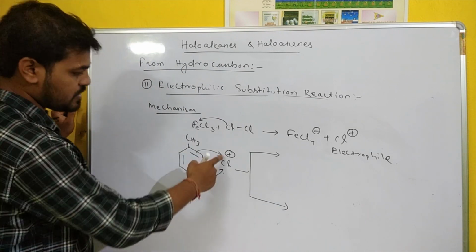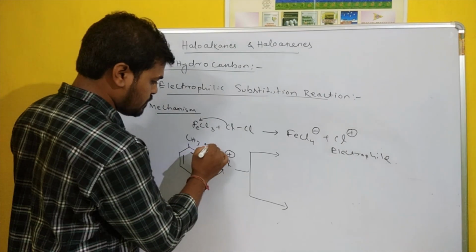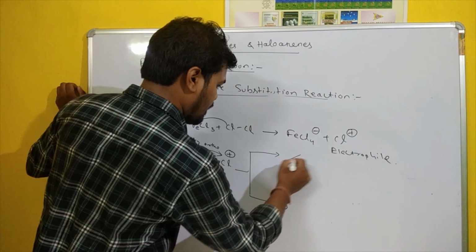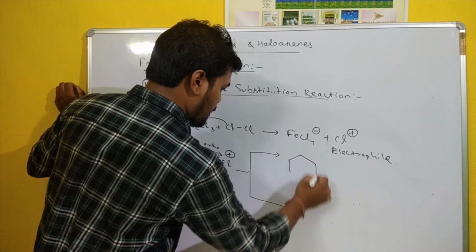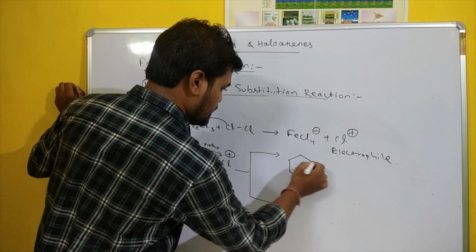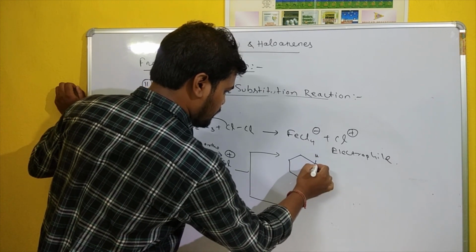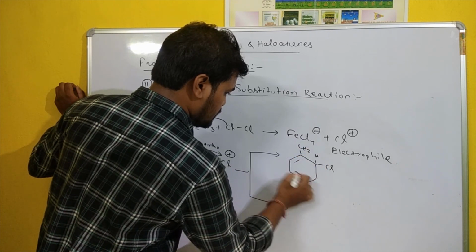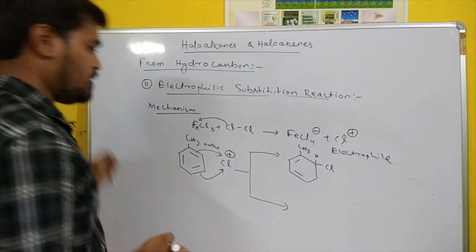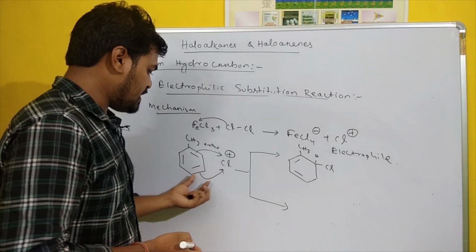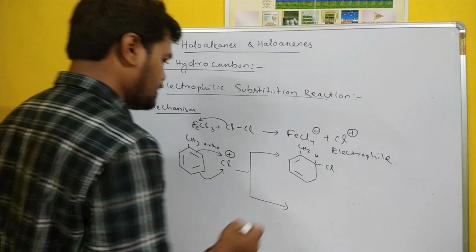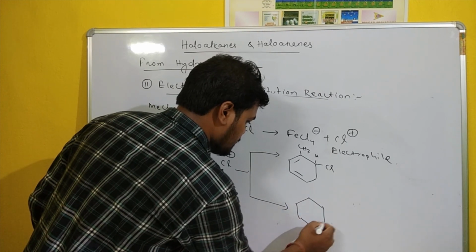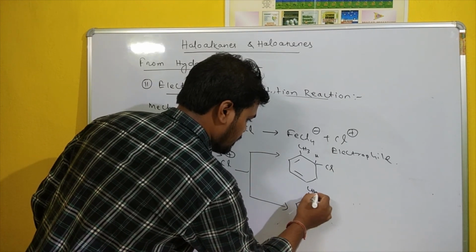When attacked from this side, the ortho side, we will get this type of intermediate. When the chlorine attacks from the para side, then we will get this type of intermediate.